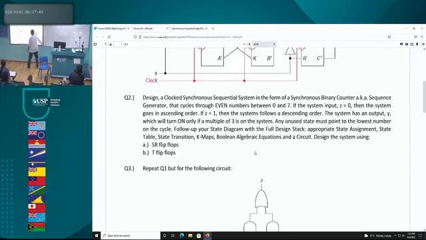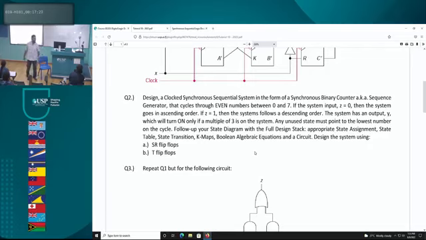If the system input Z is equal to 0, the system goes in ascending order. Ascending means go upwards, so it'll go 0, 2, 4, 6 if Z is 0. If the system input Z equals 1, then the system follows descending order, so it will go the other direction: 6, 4, 2, 0. So it's a ring counter.